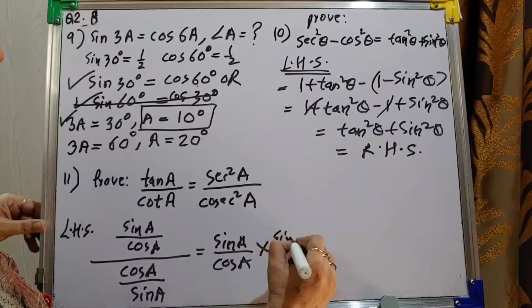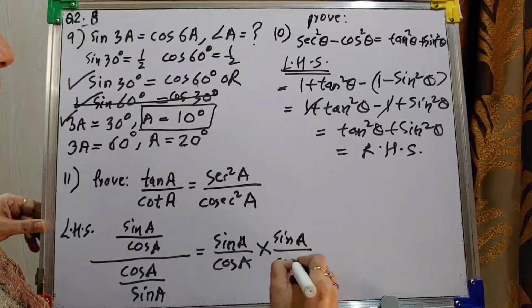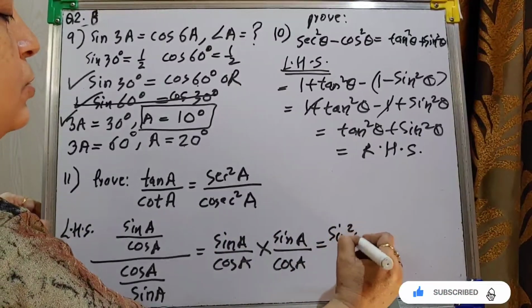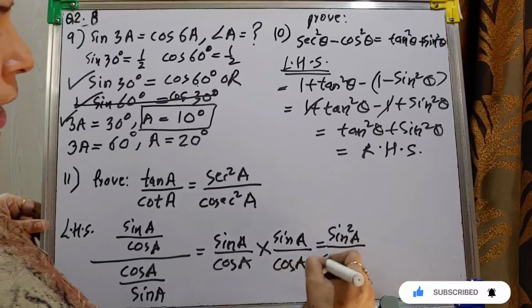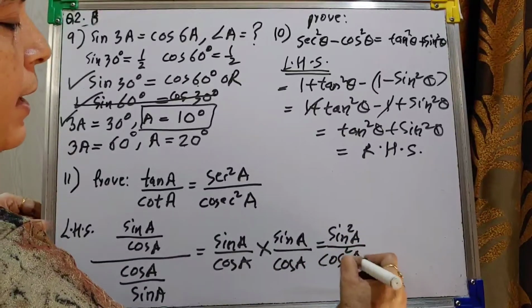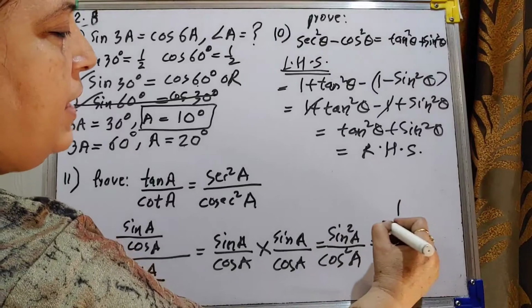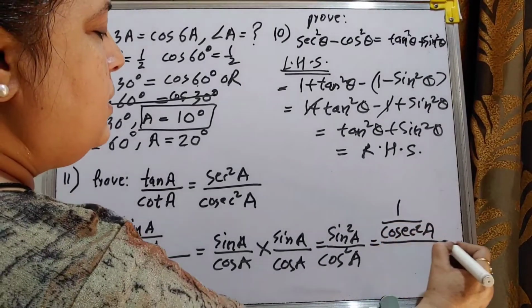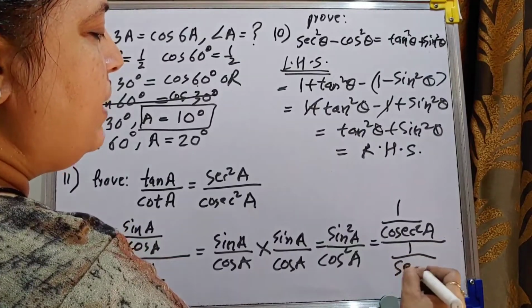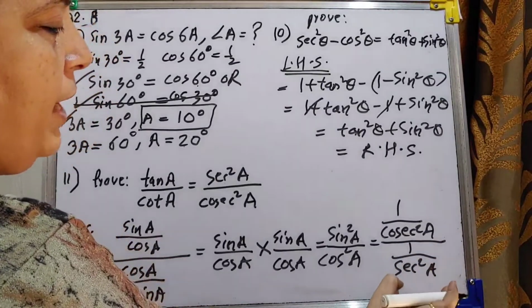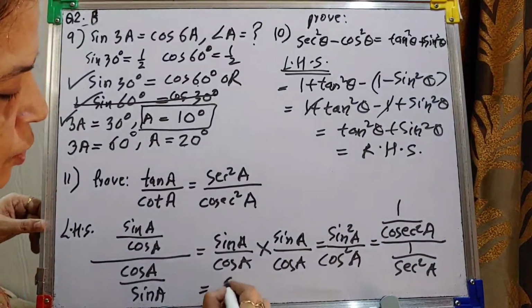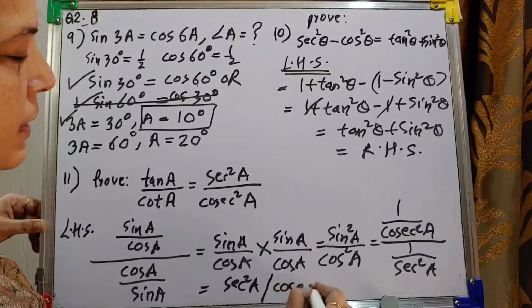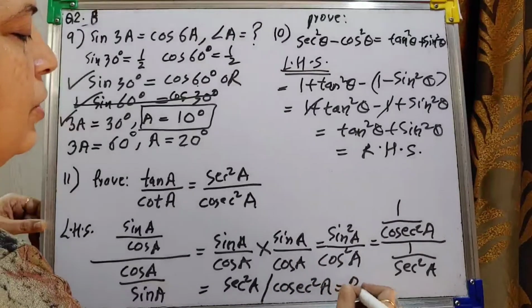So it will be sin A by cos A. So sin A into sin A is sin square A. Cos A into cos A is cos square A. Now instead of sin square A, I can write 1 by cosec square A. Instead of cos square A, I can write 1 by sec square A. When you transfer, this will come up. So you will get sec square A upon cosec square A, which is your right hand side.